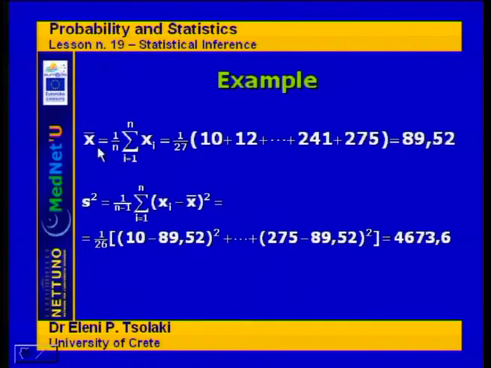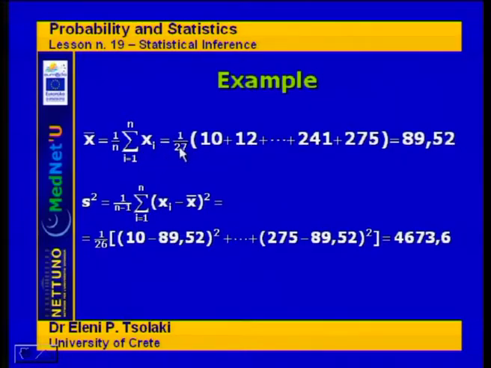So as we know, the sample mean, be careful here, is denoted by x bar. The mean of the population is mu. The sample variance is s squared, whereas the variance of the population is sigma squared. We have to be careful with what letters we use. So we calculate the sample mean, adding up our data and dividing it by 27.